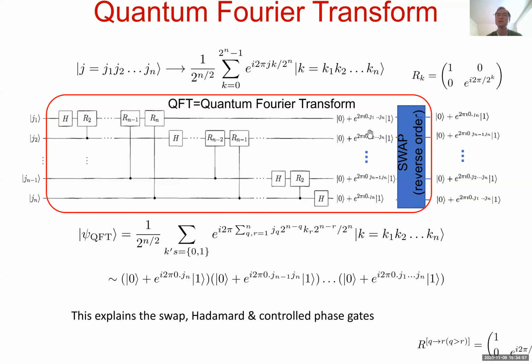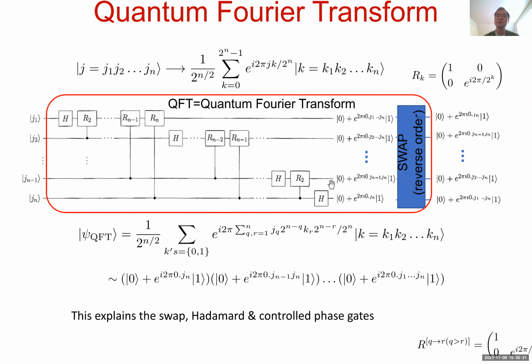It's really just a swap of the reverse order. The one that has all the digits is on the first qubit, and the one that has just the last digit is here. So there is a swap that perhaps needs to be implemented to reverse the order. This is the mathematical derivation, but this is the way the circuit is implemented. And you see, up to the reverse order, we can get this.